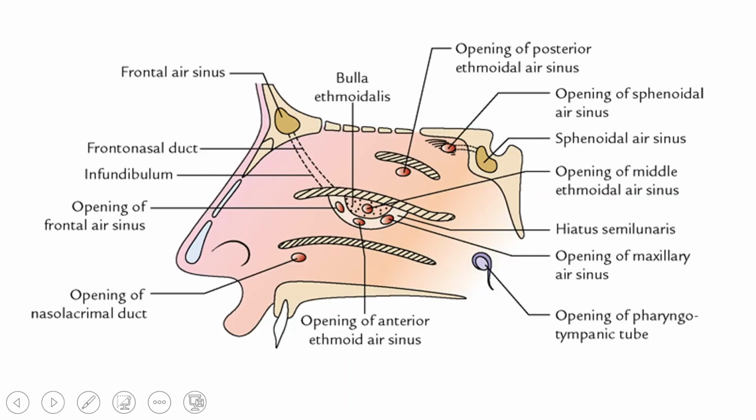This is the diagrammatic view showing the openings of all the paranasal air sinuses, the ones which I have mentioned. The maxillary air sinus, which is the largest of all, opens into the hiatus semilunaris present in the middle meatus.